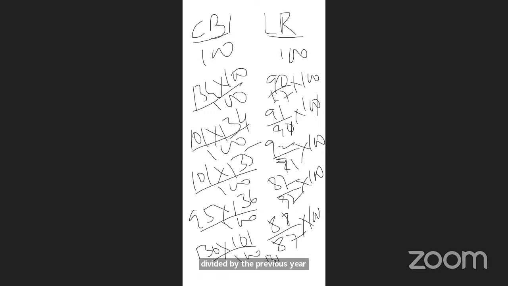Previous year here is not the base year. It is the year before the one you are calculating, which keeps on changing. Earlier for fixed base, it was 67 only in the denominator. But in the chain base, the first one is 67, the second one is 90, then 91, 92, 87. So your base is changing.